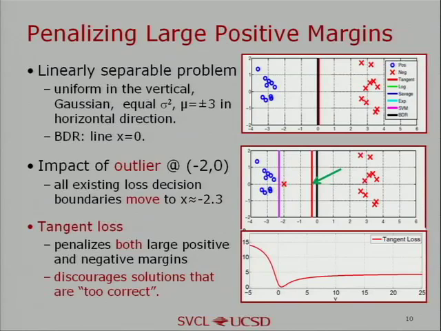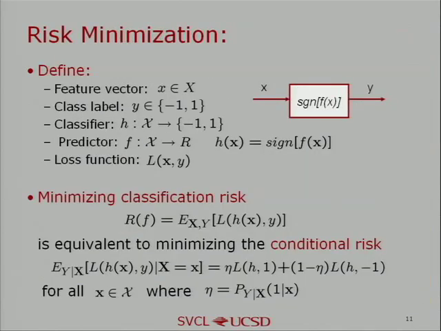Now, of course, we'll go into more advanced and practical examples, so don't worry. But in order to derive something like the tangent loss that I just talked about, we need to talk a bit about risk minimization. We define a feature x and the class label y, and we call our classifier h and our predictor f.